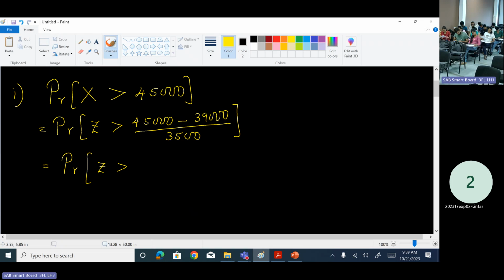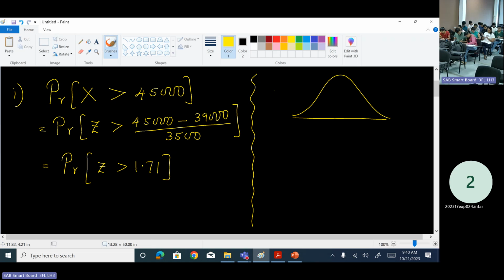Two decimal places, 1.71. So we are in the Z scale. We can draw the Z scale sketch now. So let me do it on the other side. So we draw the Z scale. 0 comes in the middle. 1.71 we have to mark.